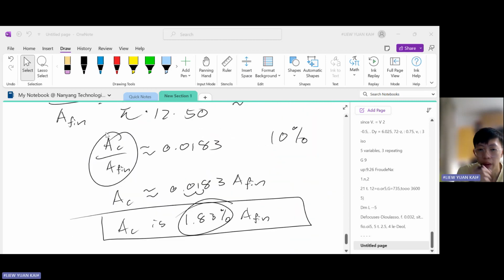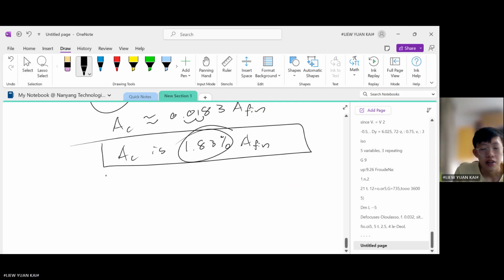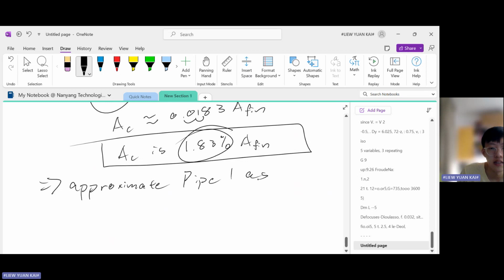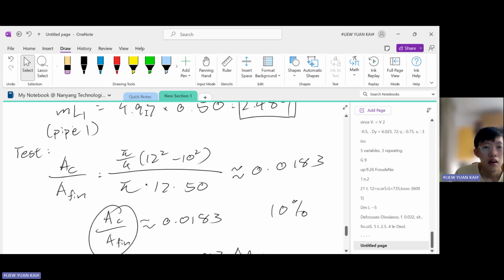So we can approximate this as an adiabatic tip one. Therefore, we conclude that we can approximate pipe 1 as an adiabatic tip.